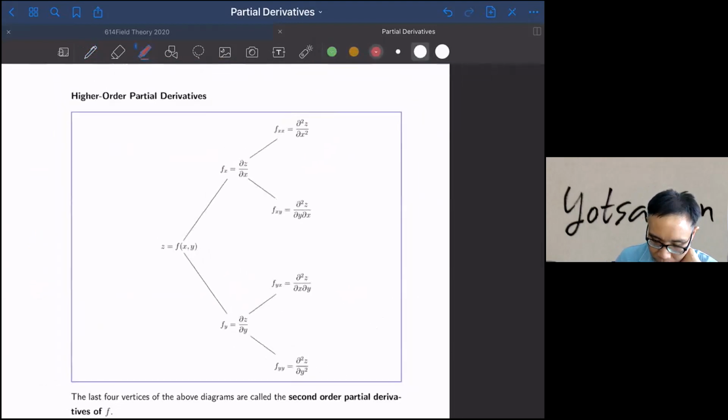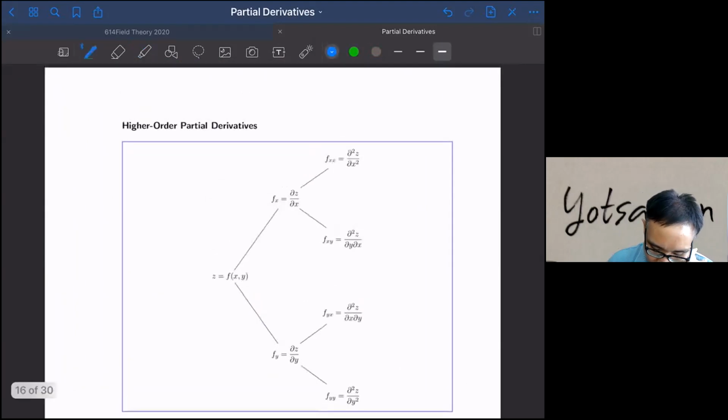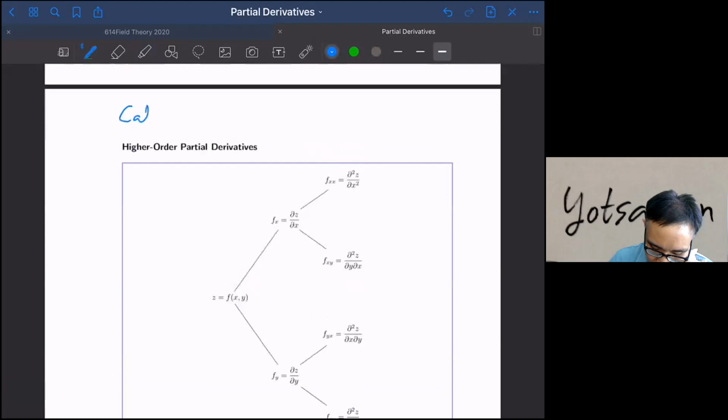The next topic is higher order partial derivatives. In calculus 1, you have y equal to f of x, and you have a derivative, so you're able to find f prime of x. This is called the derivative, and it is still a function.